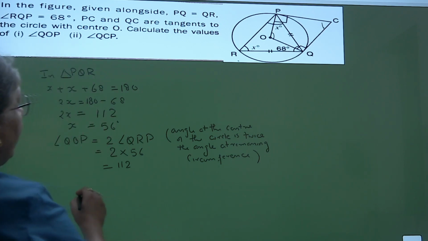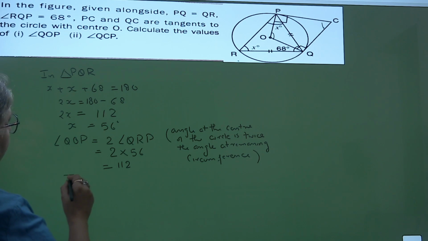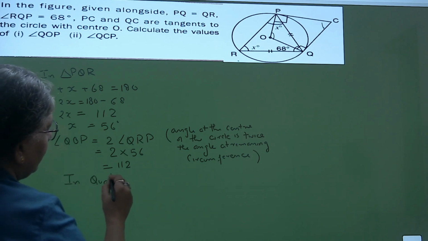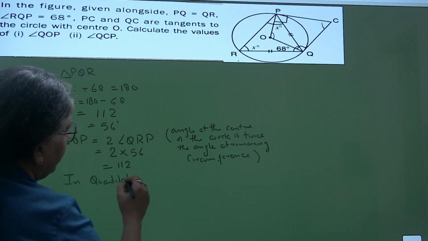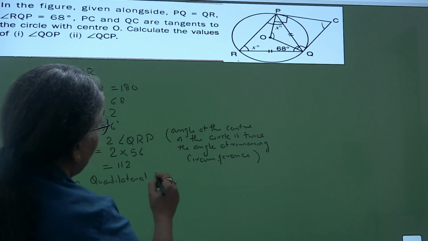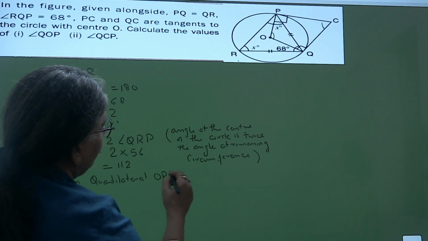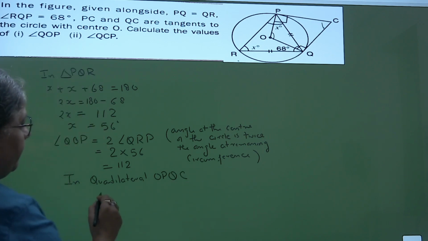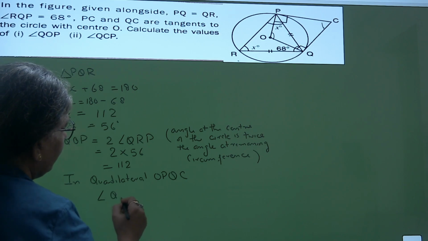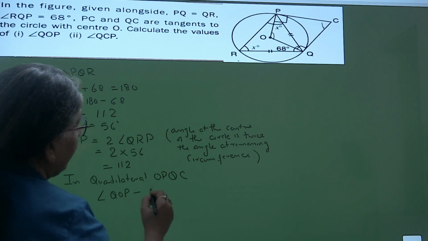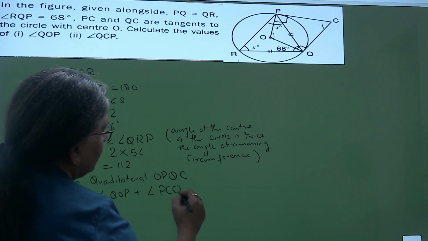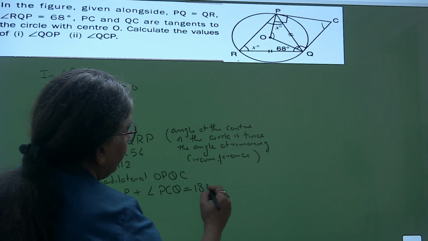So we can write, in quadrilateral OPQC, angle QOP plus angle PCQ is equal to 180 degrees.